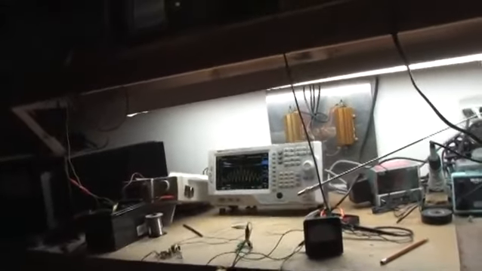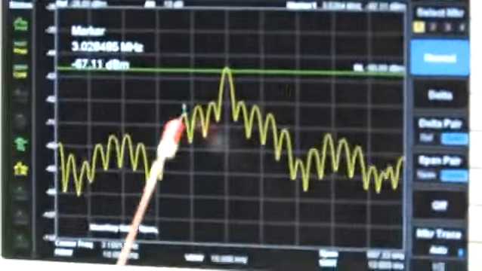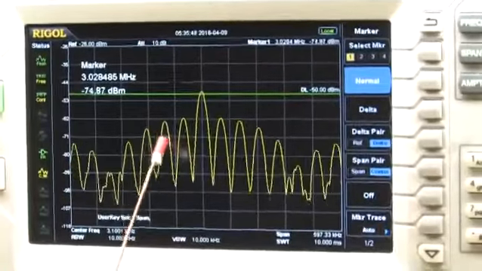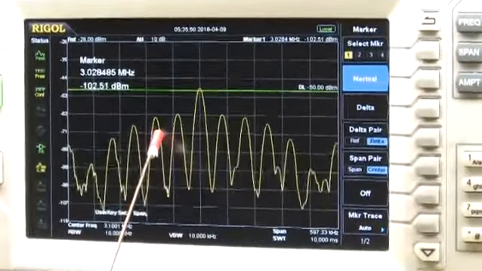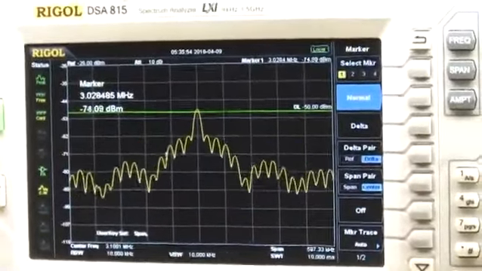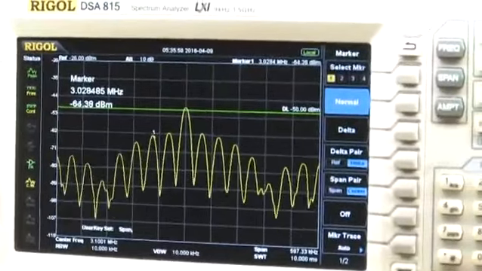I want to go back to the marker. Okay, so we're looking for the second band, which is the highest, which is right there, because it's not going to hit it there. And that's basically how it works.